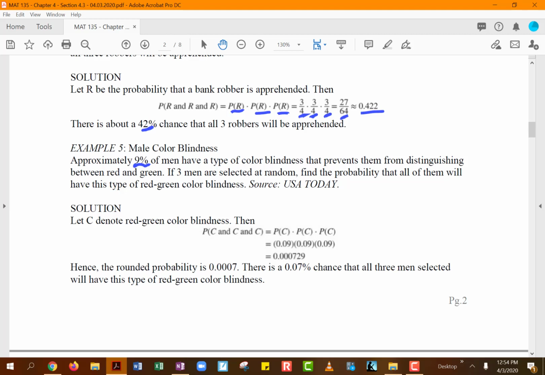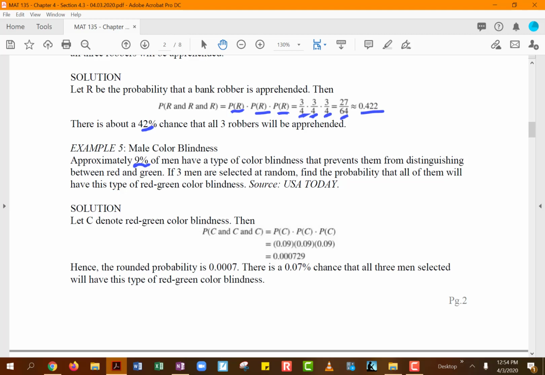So if we're selecting 3 men at random, what's the probability that all of them will have this type of red-green color blindness? Okay, so again, these will be independent events, because selecting one person in comparison to the other will have no effect on the outcome, right?